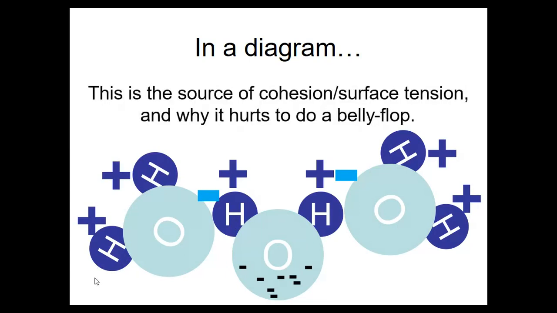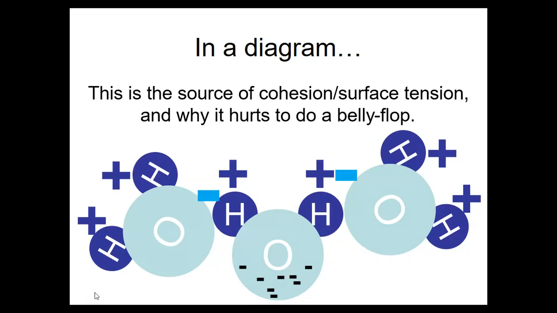And then what happens is that you get a lot of cohesion and a high surface tension in water. In the summertime when it's warm out and you go swimming, if you decide to do a cannonball and your stomach hits the water, it really hurts because your stomach is breaking all that surface tension on the surface of the water.